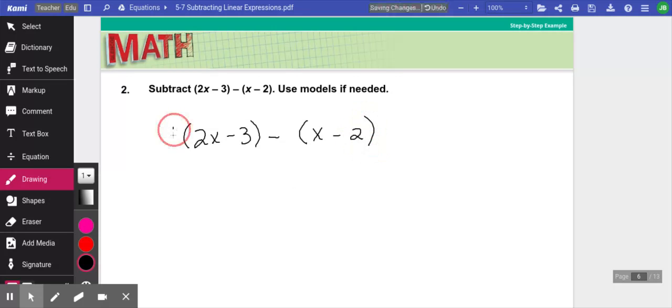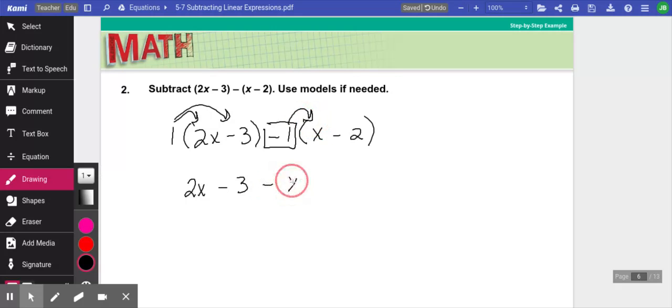So again, our 1 goes in front, distribute 2x. 1 times negative 3 is negative 3. Remember to take this whole negative, so negative 1 times x is negative x, and negative 1 times negative 2, negative times negative is positive 2.